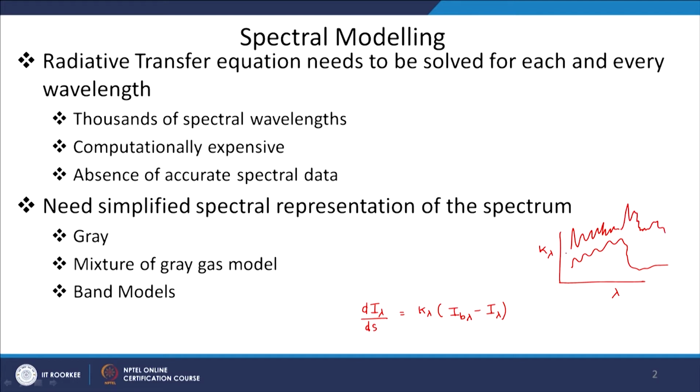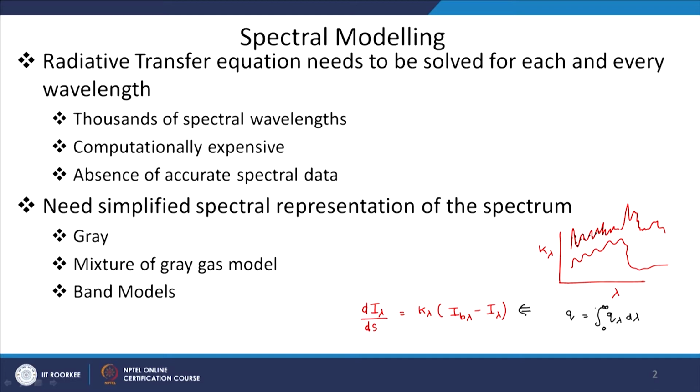So, we need to represent this spectrum with a number of points, and for each point we need to solve the radiative transfer equation, and then we have to sum the results. For example, if you are interested in the total heat flux, then we have to first find the spectral heat flux q lambda and then integrate over all the wavelengths from 0 to infinity.